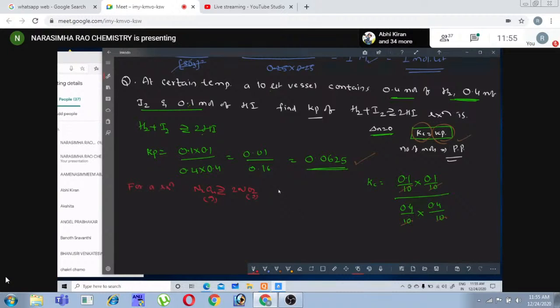Equilibrium concentrations of N2O4 and NO2 are 0.2 and 0.1.